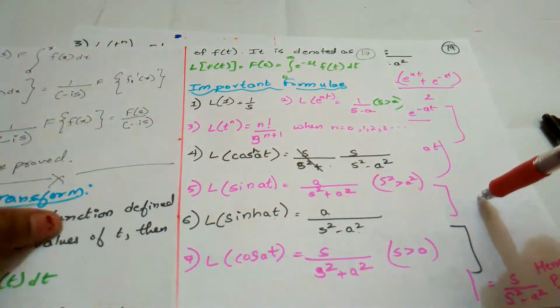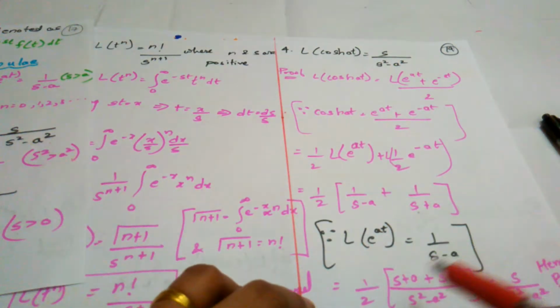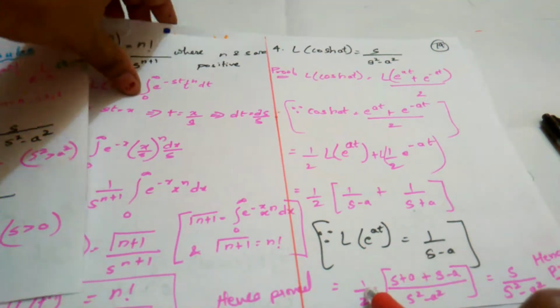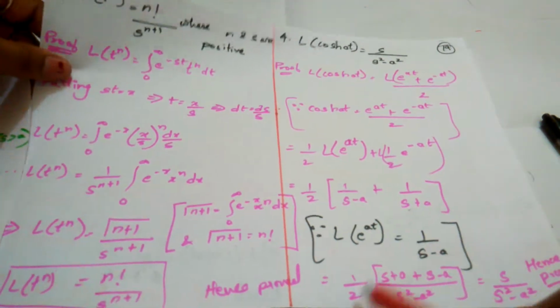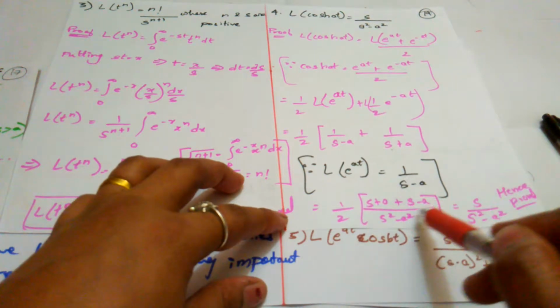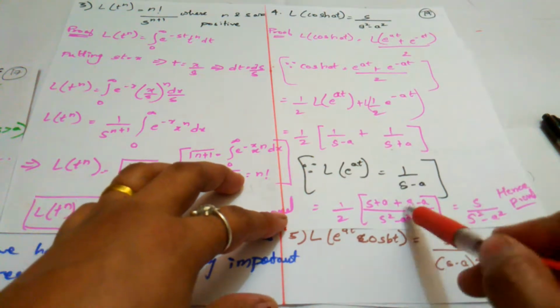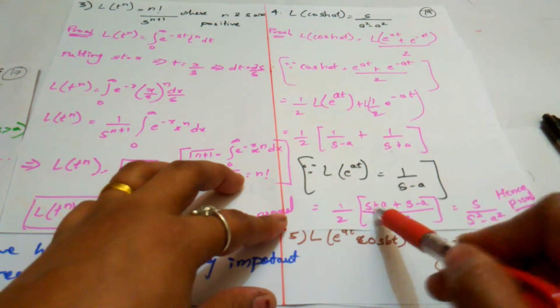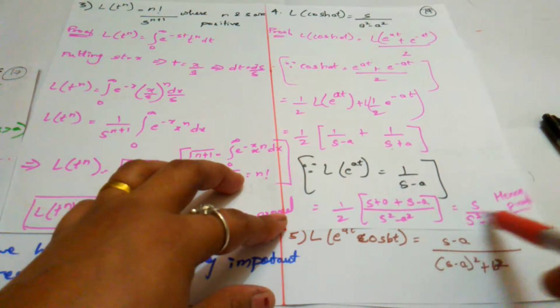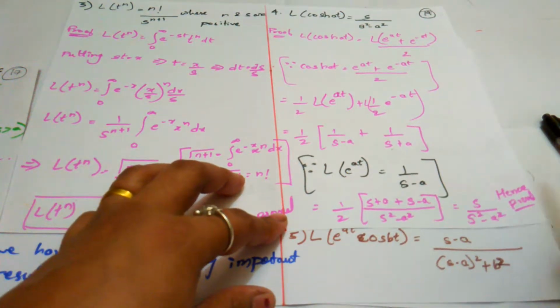As a result, it is equal to 1 upon 2 times s plus a plus s minus a over s square minus a square, or in general the a cancels out, so s divided by s square minus a square. Hence proved.